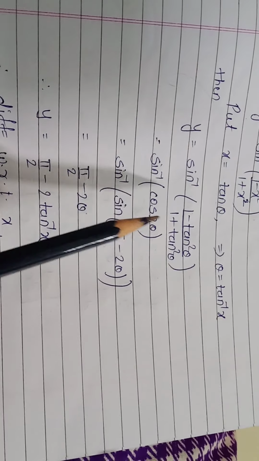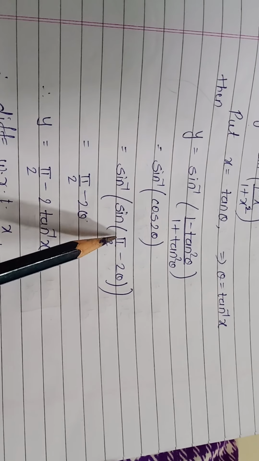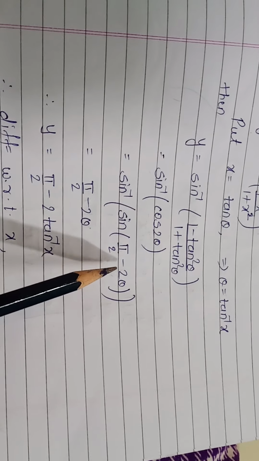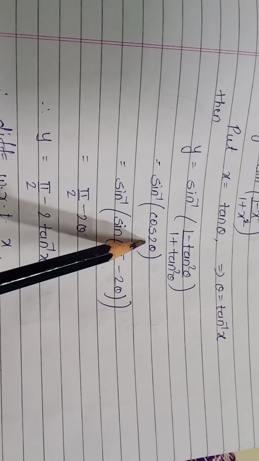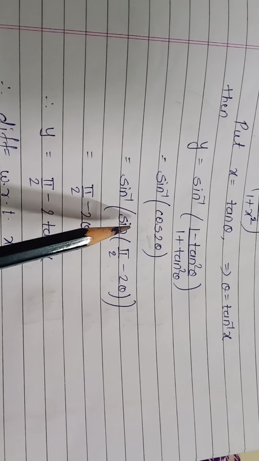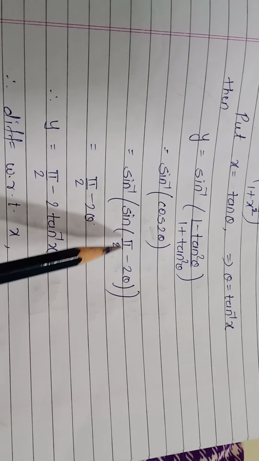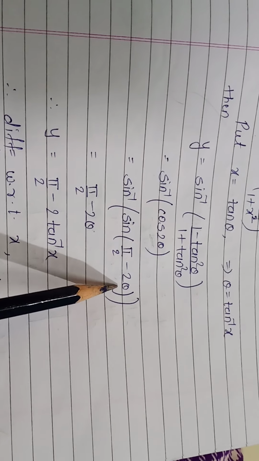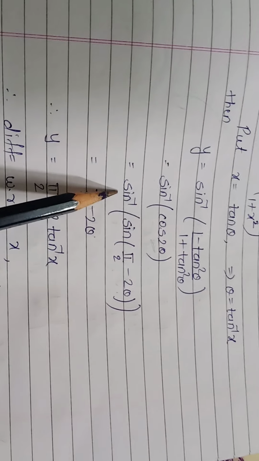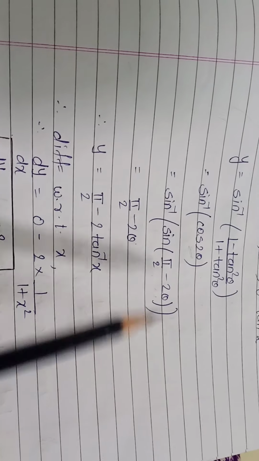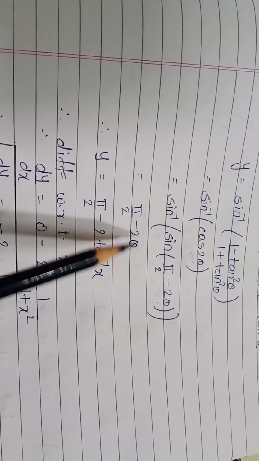So cos can be converted into sine as sine of (pi by 2 minus that particular theta). Here it is 2 theta. So we'll convert it as sine of (pi by 2 minus 2 theta). Okay. Then this sine inverse and this sine will get cancelled and only pi by 2 minus 2 theta will remain.